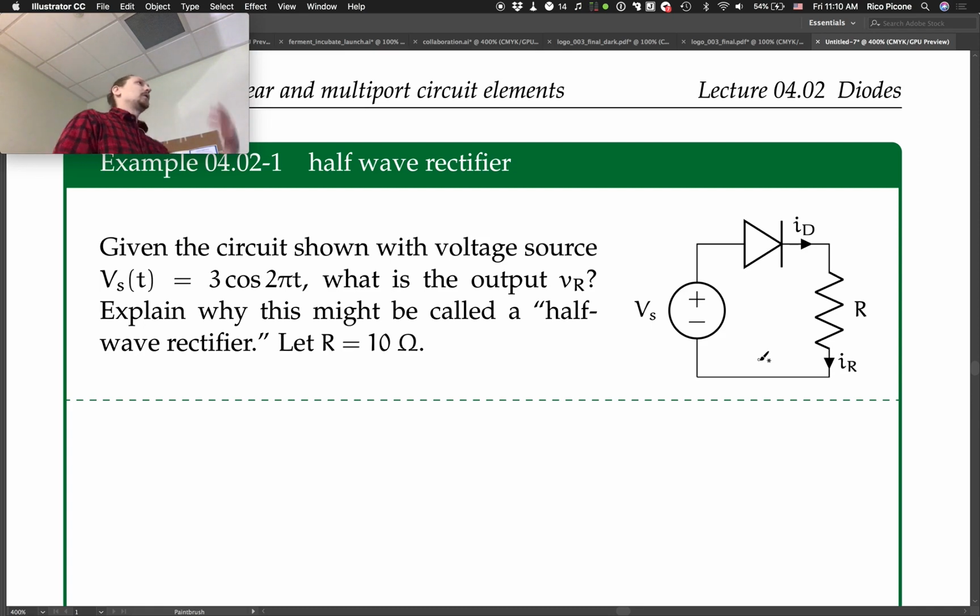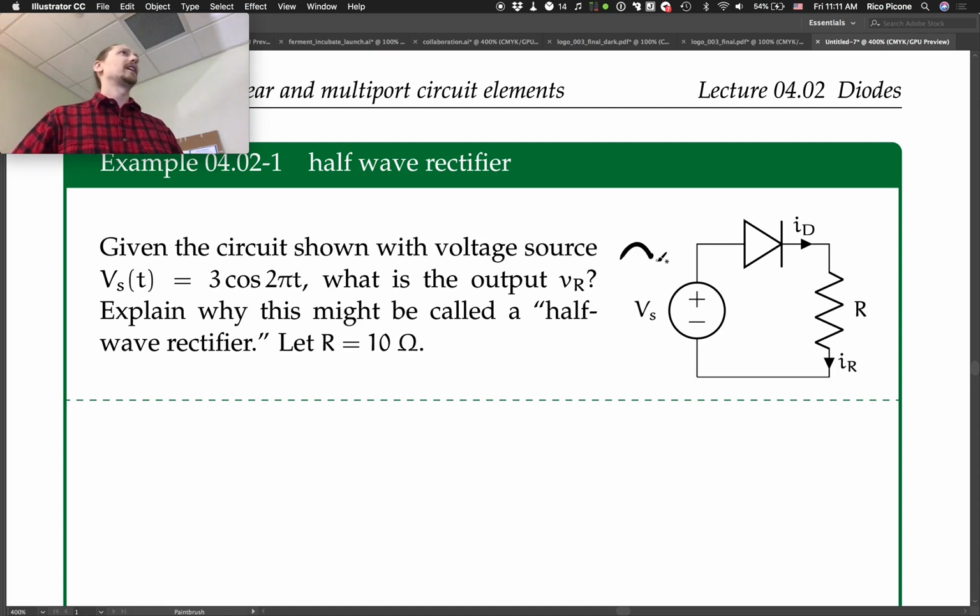There is a threshold you have to reach before it'll start to flow that current, but that's the thing we have to check. But probably when you've got 3 volts, it's going to be fine. When you get lower, it's going to shut off at some point, right? As we get lower and lower, that diode will shut off. So it's going to be on when we're in the positive part of the wave.